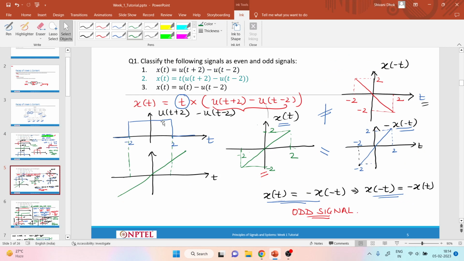Now the second part was t. Let's say this signal is some x hat of t, so x hat of t is equal to t, which means it is a straight line from minus infinity to infinity with slope 1, which will look something like this, and this is getting multiplied. These two signals are getting multiplied.